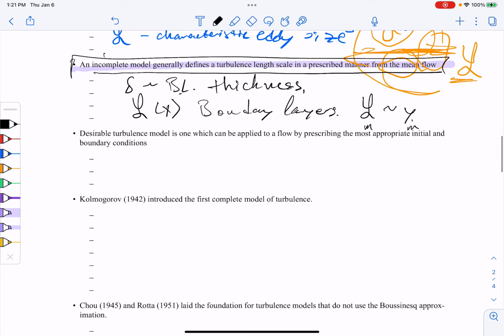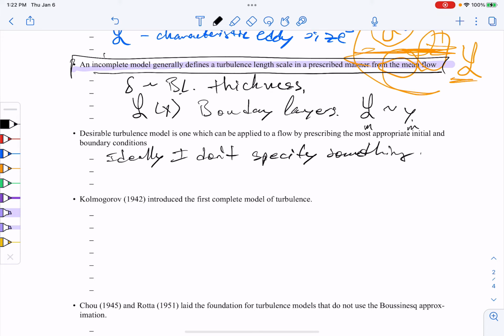So that's a problem. And now it turns out that an ideal turbulence model would be much better if I didn't have to know something in advance about the flow, right? Like I don't know what the length scales are. So ideally, I don't have to specify something about the solution in advance.